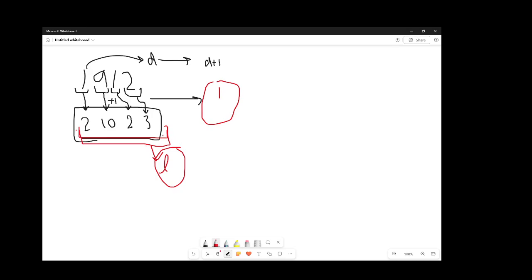Have you observed something while I converted this to this? What changed? You have observed that the digit 9, whose number of digits was 1, gets converted into 10, which means the number of digits increased by 1.